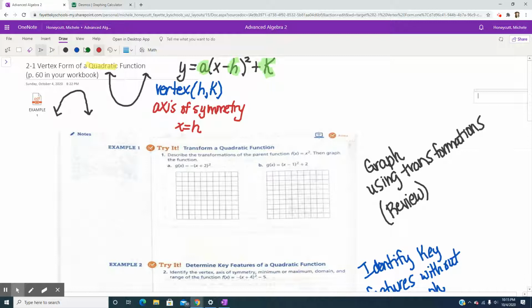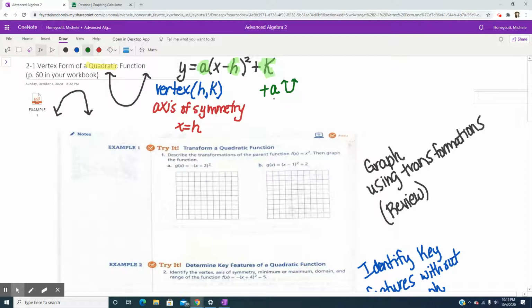Then you can also look at the equation in vertex form, and you can tell whether or not you're going to have what I like to call a happy parabola or a sad parabola. And here's how I remember. If things are going positive in your life, so like if you have a positive a, and by a I mean this a value right here, if that a value is positive, your parabola is going to be happy and it will open up.